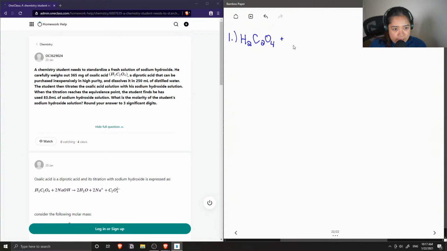And this was reacted with sodium hydroxide, which is NaOH. And this titration produces water. I have to write at a slant now. Plus sodium ions and C2O4 ions.